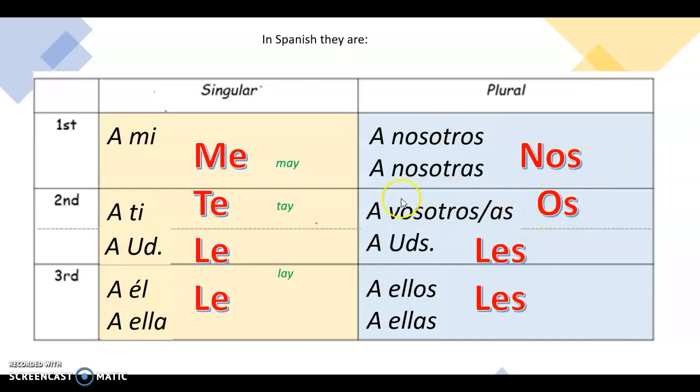Vosotros os, and that's just in Spain. Ustedes is les, and ellos and ellas is les. Remember, this le and les is second person, you and you all, but it just happens to be the exact same as for him, for her, and for them. It doesn't mean the same, it's just the same word.